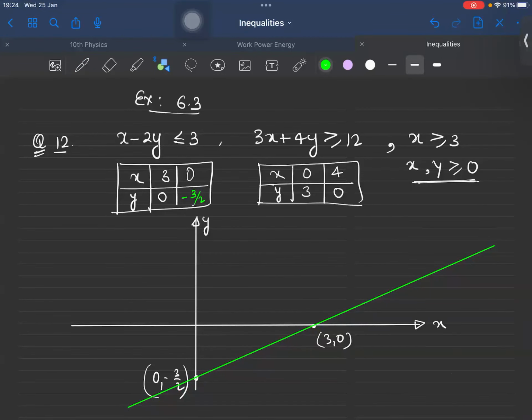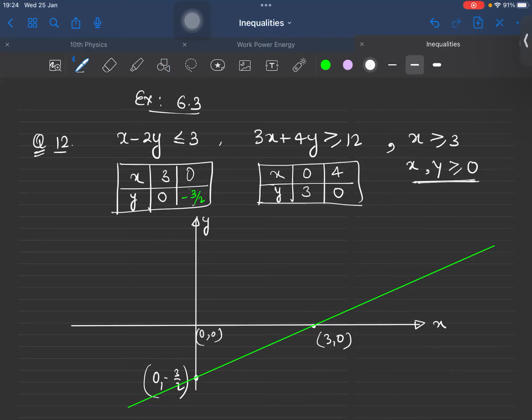Okay, so the value is lesser than this, right? The value is lesser than this, isn't it? So how will you represent the lesser than this value? Which side? If you are having confusion, what do you do? See, origin is on the top side, right? Origin is 0, 0. So you just substitute in this equation.